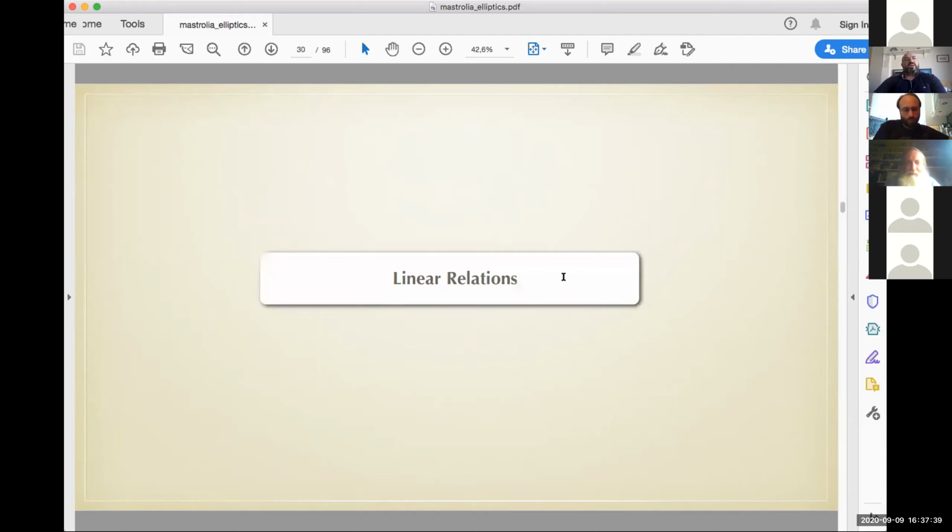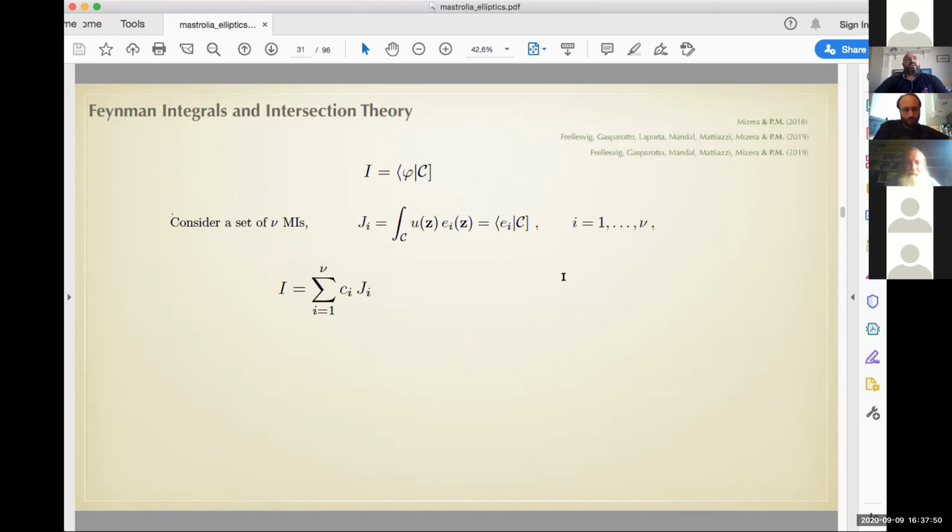Now, owing to this toolkit, we can indeed derive two types of identities, linear relations acting on forms. So if we consider integrals as the pairing of a form and a contour, and then master integrals as the pairing with a suitable basis of forms, here indicated with e_i, the decomposition of a generic integral in terms of a basis can be obtained from the decomposition of a generic form in the space of forms.